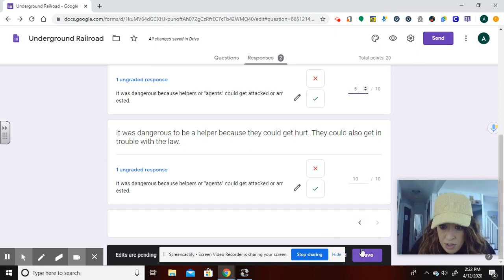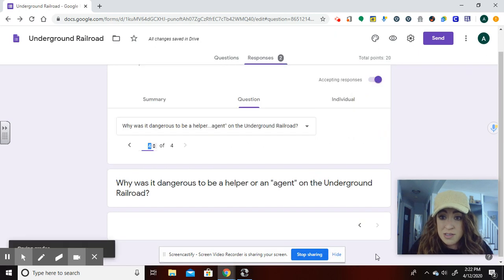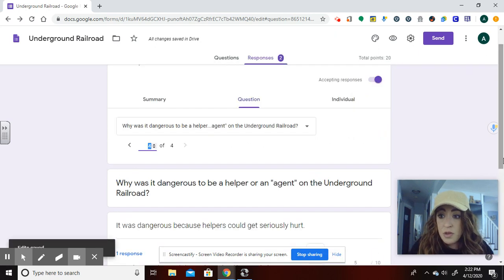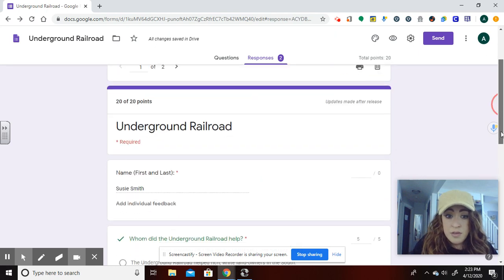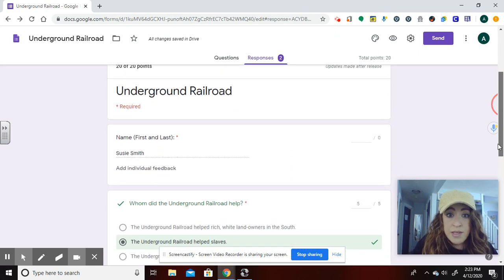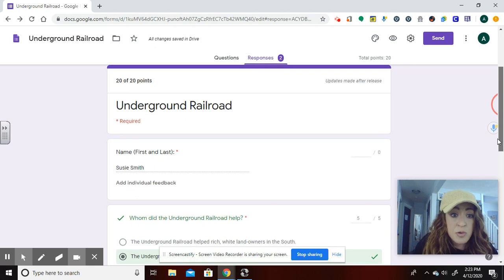All right. So under here, it says edits are pending. I'm going to click that I want these things to be saved. So now I've graded it, right? Because the first couple of questions were multiple choice, and the last one was a short answer. And now I can see, oh, Susie, she got 20 out of 20 points.